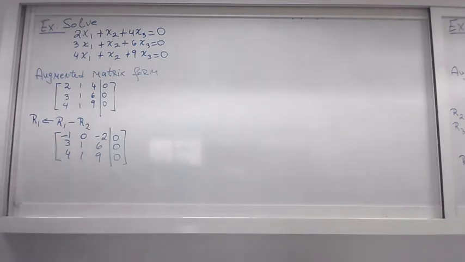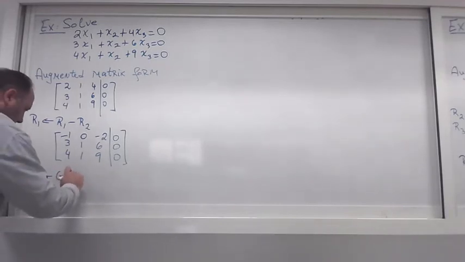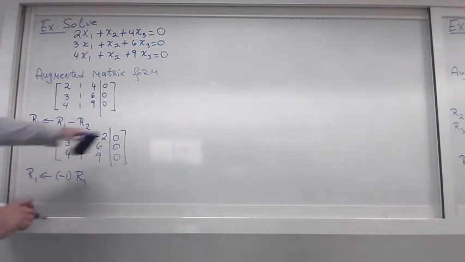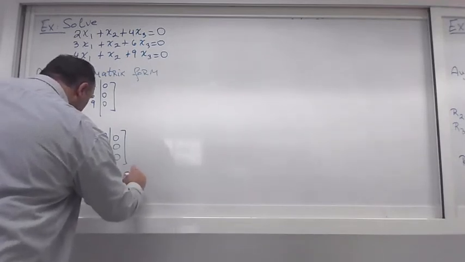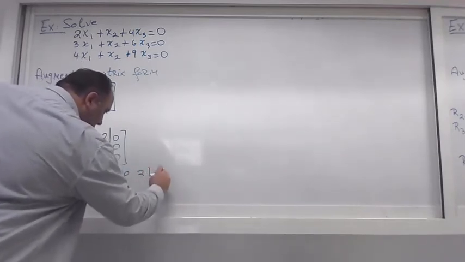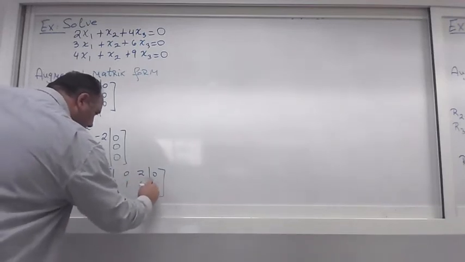But I have negative 1. I don't like negative 1. So what to do? Well, I'm going to multiply row 1. So I'll replace row 1 by minus 1 times row 1. That way I'm going to get 1 as my leading entry, and everything else stays the same.